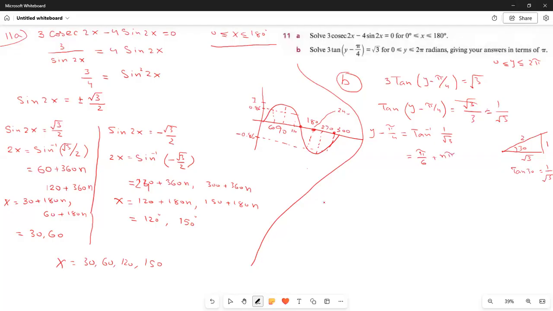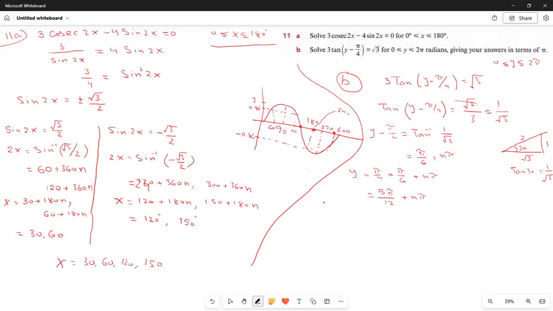So from here you can see that y is equal to pi by 4 plus pi by 6 plus n pi. Pi by 4 plus pi by 6 will become 5 pi by 12, so 5 pi by 12 plus n pi.